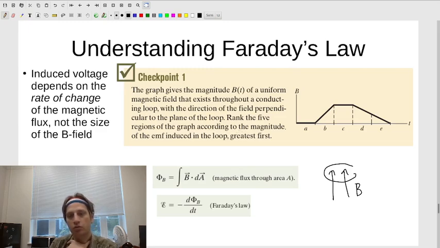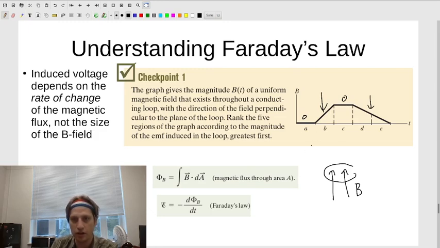Now what we're trying to get across with this question is that the EMF is related to the change of the flux, not the size of the field. So for instance, this would be the biggest change, this would be the next biggest change, and then this would be zero change because the magnetic field is constant. So it doesn't matter that the magnetic field here is big, it just has to do with the rate of change.